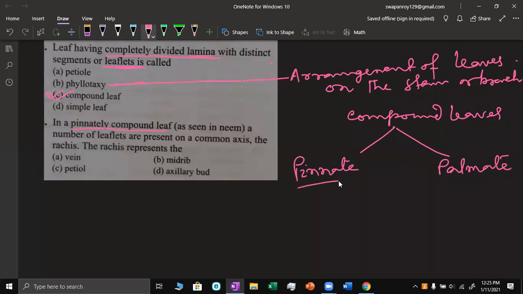So in pinnately compound, the petiole forms the main axis, and on either side of it the leaflets come out.